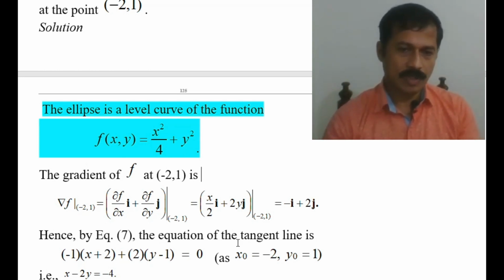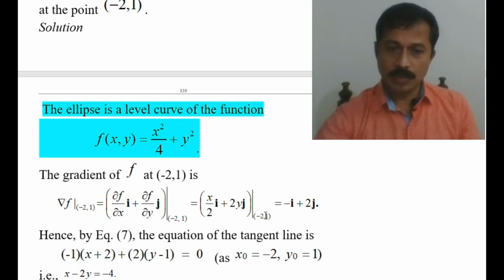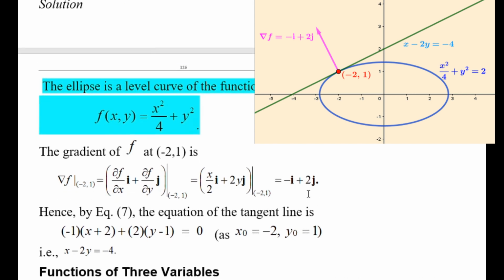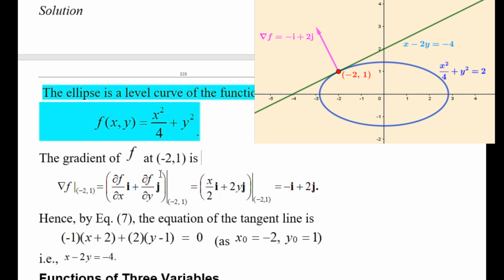We have to evaluate this vector-valued function at the point (-2, 1). Putting x equal to -2, we get -2 by 2 i plus 2 times 1 j, so we get -i plus 2j. So this is the gradient of f at the point (-2, 1).